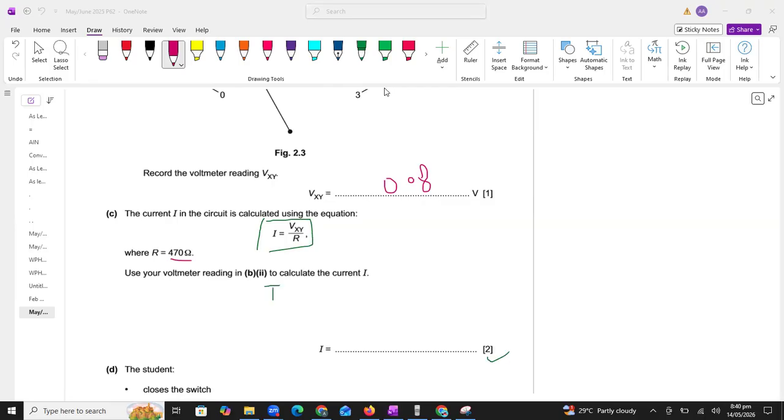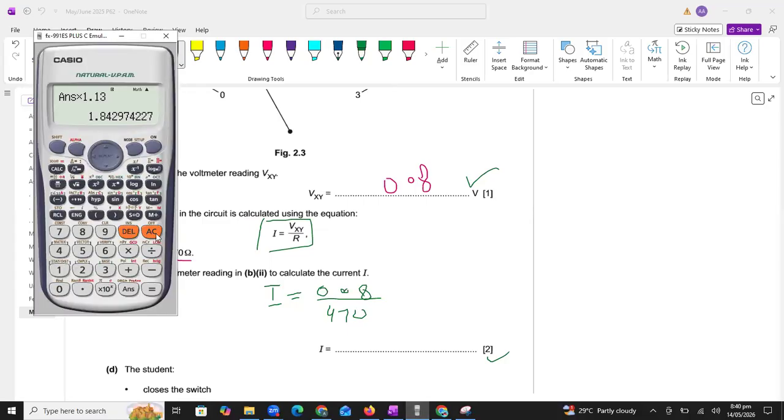So now we will use the formula I is equal to Vxy divided by R. So the voltage across this voltmeter is 0.8 volt, which we have measured in the previous part, and the resistance is given 470 ohm. So now I will use my calculator. 0.8 divided by 470. So what we are getting, students, we are getting 0.0017. All right, so we are getting a very small current, students.